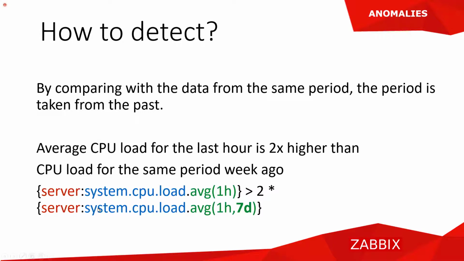Then we would need to use a function like that: the average for 1 hour for the system CPU load is 2 times bigger than the same average load for 1 hour, but from 7 days ago.